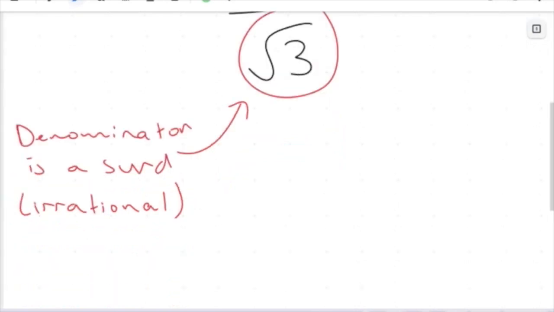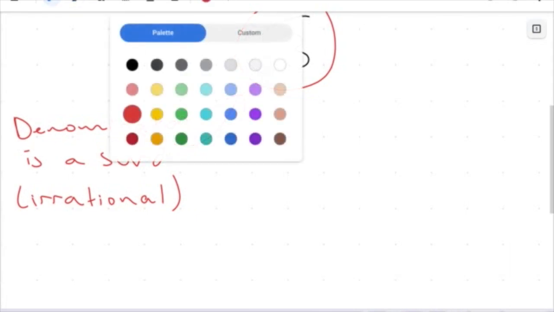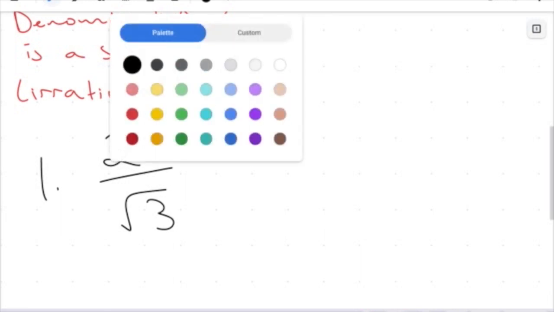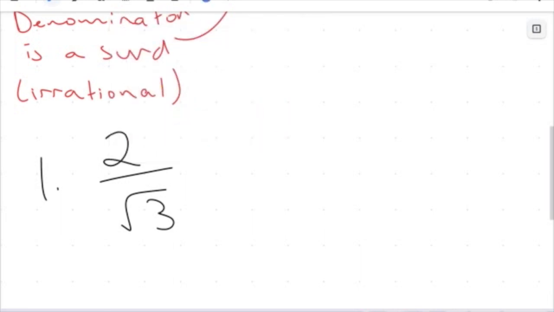Now, let's take a closer look at this. So 2 over root 3. If you remember when we looked at our fractions and finding lowest common denominators, say we had 2 over 3 plus 1 over 2.